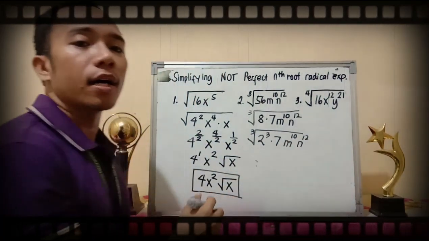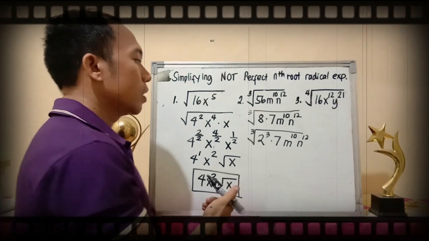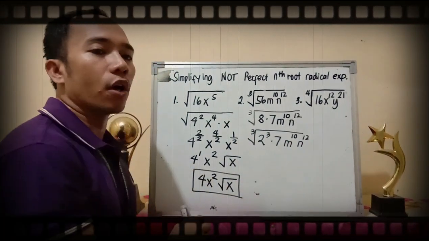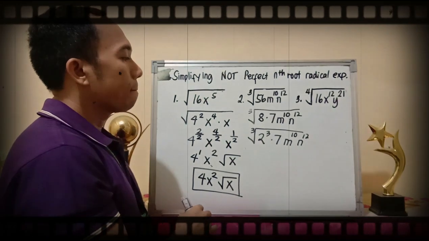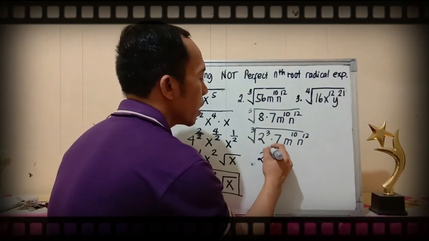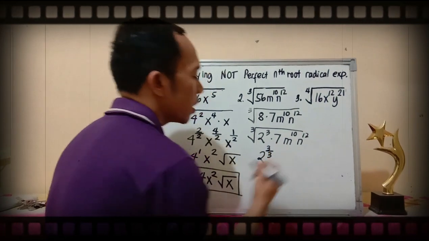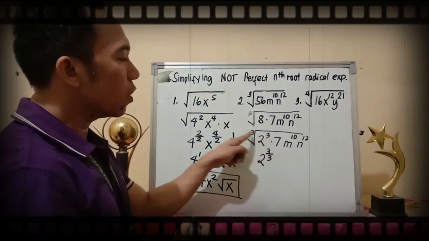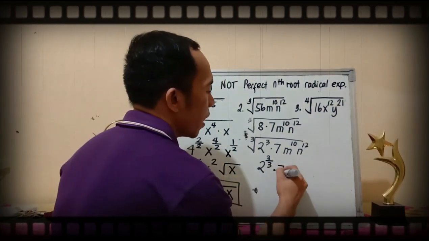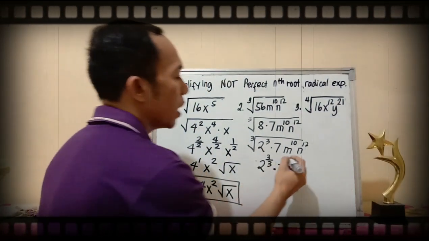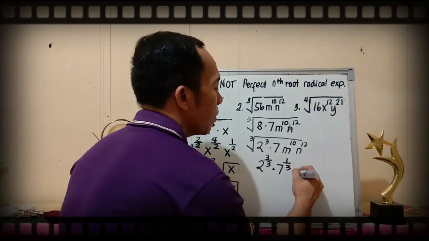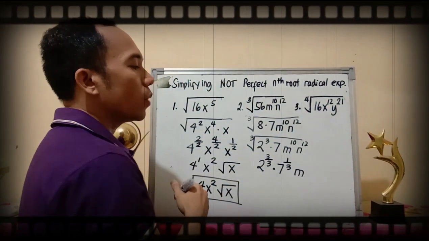Just copy the variables with exponents. Now, the index will be the denominator of your powers. So you have here 2 raised to 3 over 3, the power of 3 over the index 3. Then for 7, the power is 1 over 3.